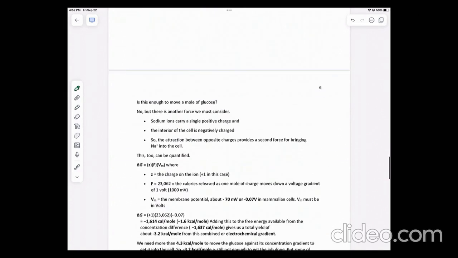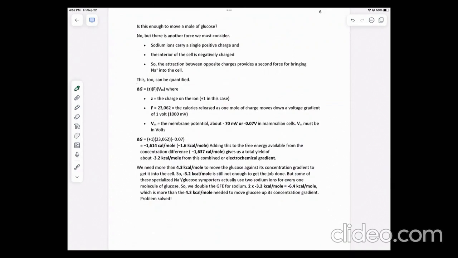Luckily, there is a form of the Gibbs free energy where I account for that, and here's the formula. I have a Z value, which is going to be the valence of the molecule, and so it's +1 in this case. I got Faraday's number there, F, 23062. Do not memorize that number. If you need this to work a problem on an exam, I'll give you that number.